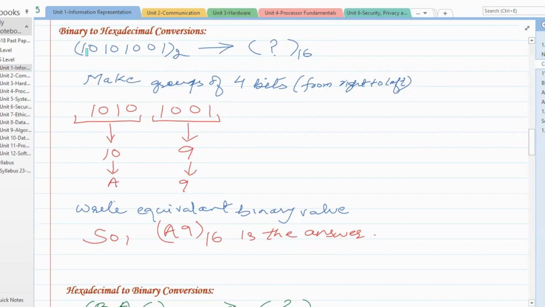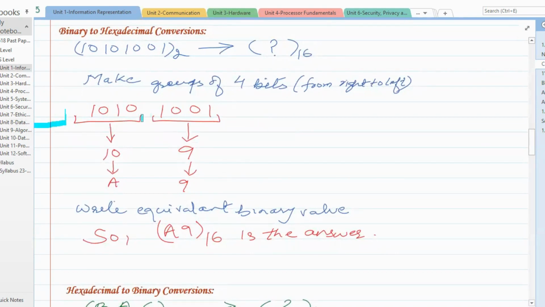Okay, so whatever number you get, what you have to do, you have to make group of 4 bits starting from right hand side. Okay, so firstly make first group of 4 bits from right hand side and then next 4, and if you have next, then make group of next 4 bits.